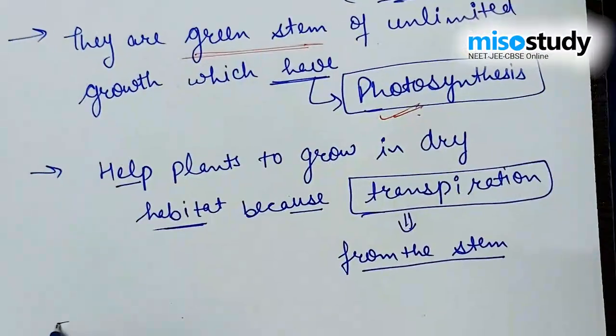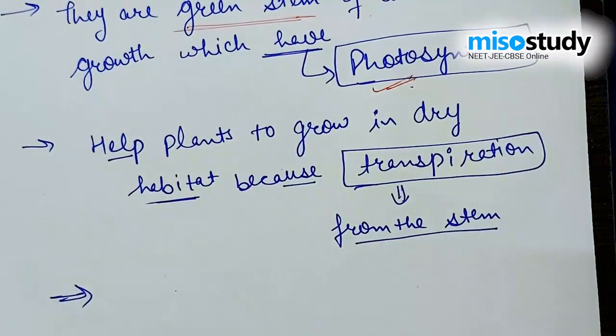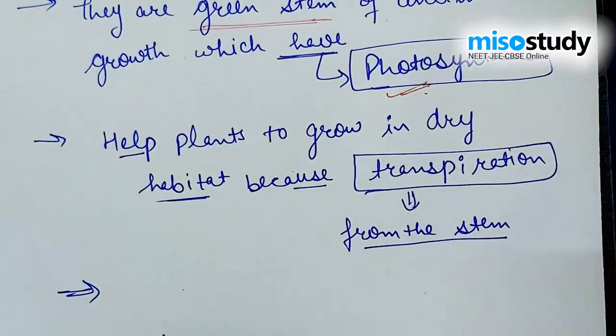So in phylloclades, photosynthesis is better, especially in dry habitats, compared to other plants.